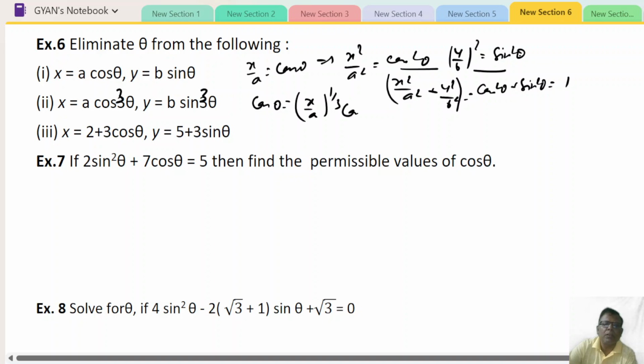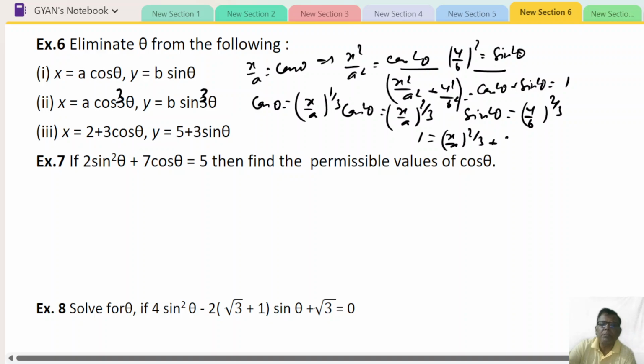Then cos square theta will be (x by a) to the power 2 by 3. Similarly, sin square theta is equal to (y by b) to the power 2 by 3. You add it, then it will be 1 is equal to (x by a) to the power 2 by 3 plus (y by b) to the power 2 by 3.